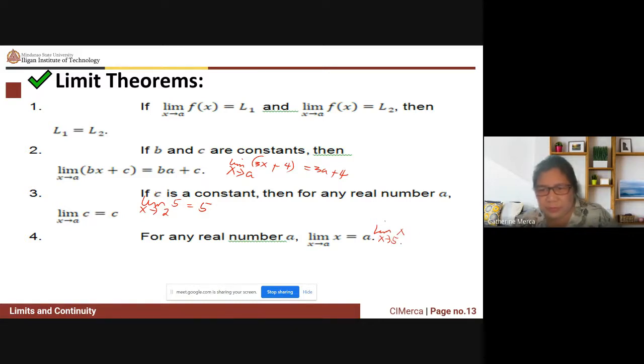So, what happens? X approaches 5, so dapat itong a. So dapat equal yan sa 5. Sundan, x approaches 5 man. So, 5.